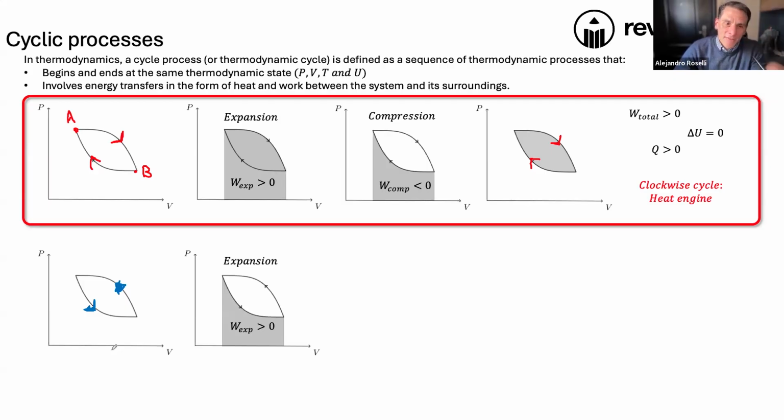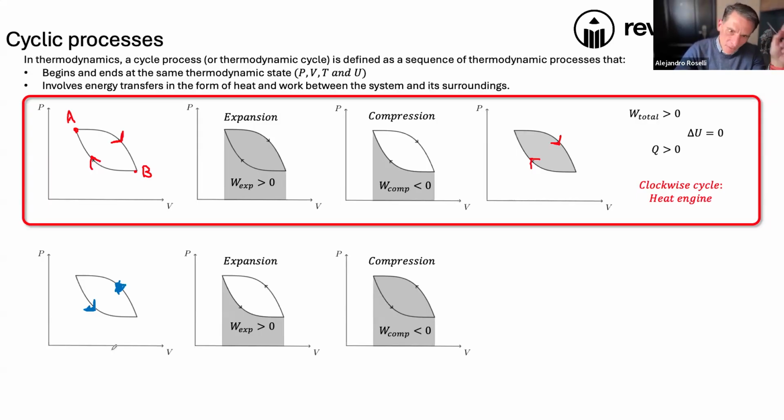Now, during the expansion, the positive amount of work will be the smaller one, and the negative work during the compression will be higher, just because of the way this cycle is being covered. We first go through the lower part of the cycle and then the upper part. And remember that it doesn't really matter which type of cycle you're dealing with, whether it's an isothermal combined with an adiabatic or an isobaric with an isovolumetric, the shape is not relevant.